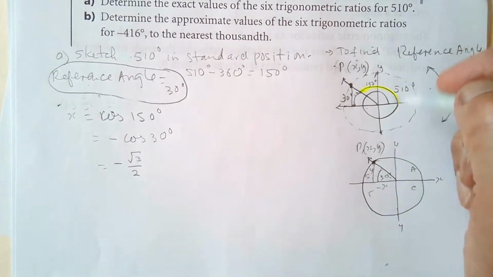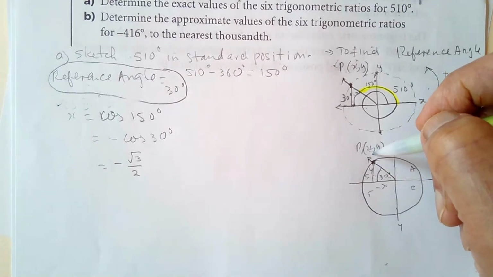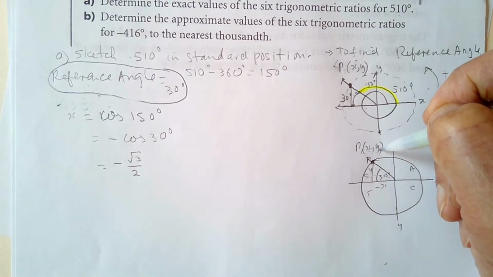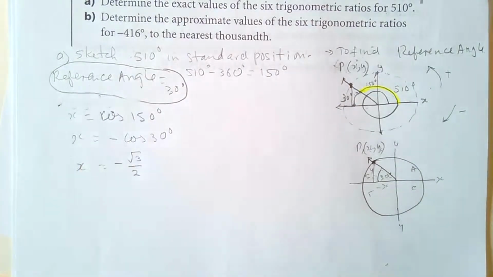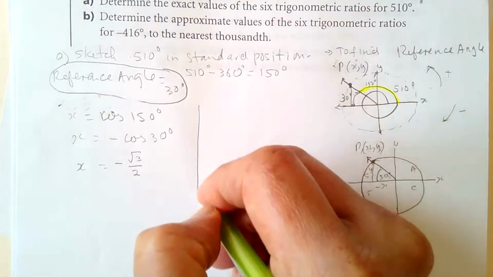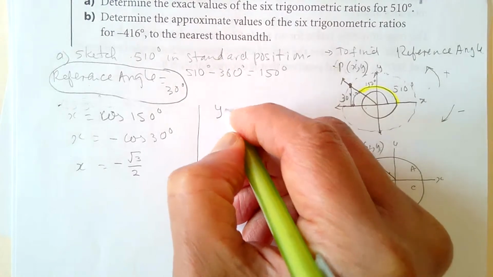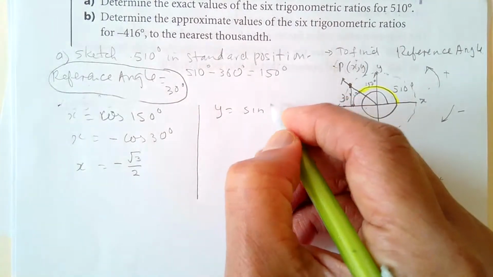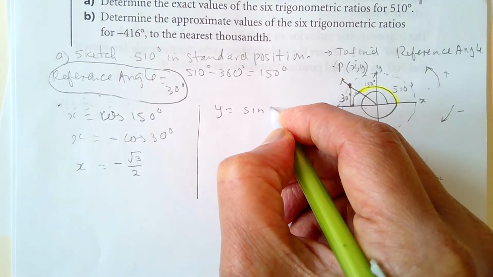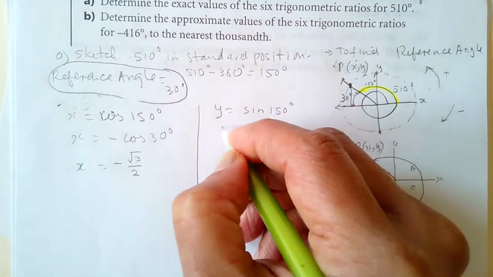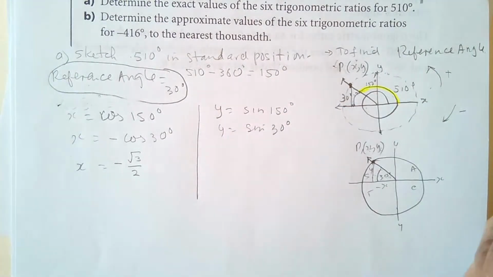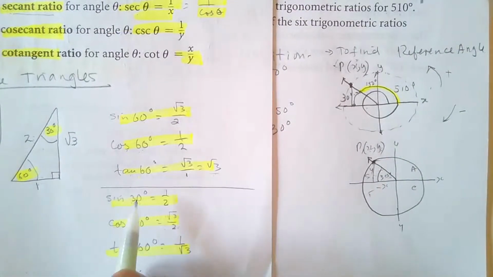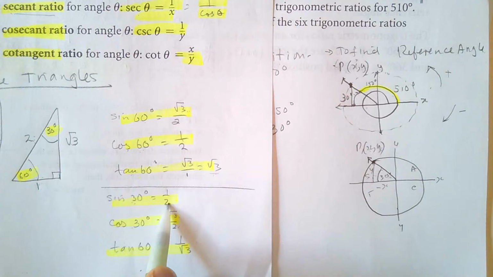You could have made the adjustment because our CAST rule tells us that cos is negative here, or x here is negative. Now y is equal to sine 150 degrees, or y is equal to sine 30 degrees. If you go to our reference triangle, sine 30 degrees is a half.